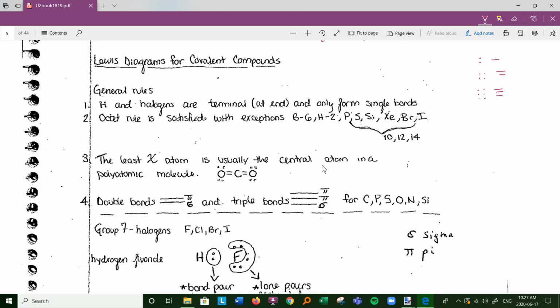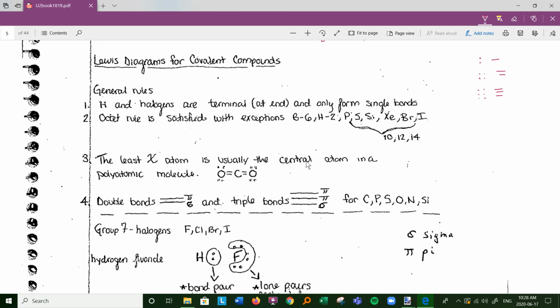Typically, when you write the molecule, you put the more electronegative atom at the right and the less electronegative atom at the left. Now, if there's more than 2 atoms, then there's rules like rule 3. Usually, not always, but usually the least electronegative atom is the central atom in a polyatomic molecule. Polyatomic means just 3 or more atoms.